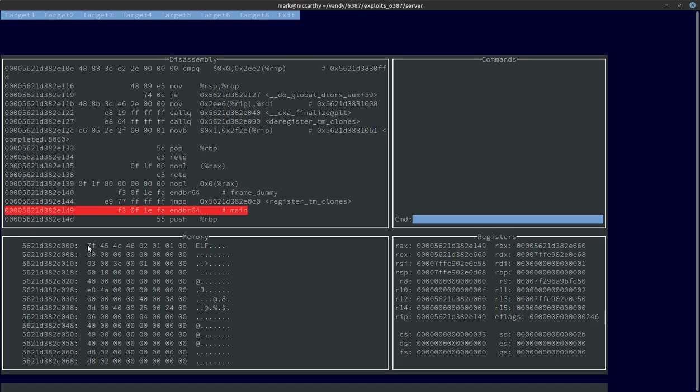It means do nothing, and you would just enter no-ops for thousands and thousands of addresses, and then put the instructions you want to execute, and then essentially take a guess and say, okay, the stack is usually in this range, and pick a number, and hopefully that number will point to somewhere in that no-op sled, and then it'll just keep executing the no-ops until it gets down to the code you want.